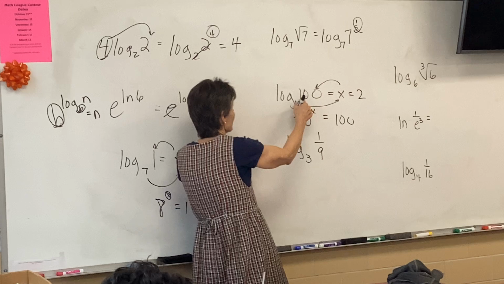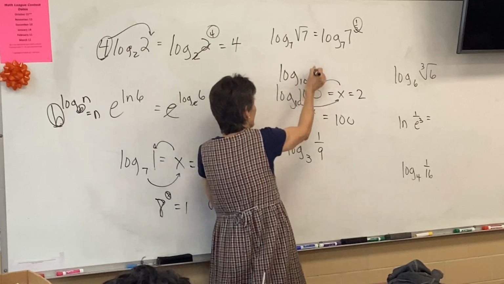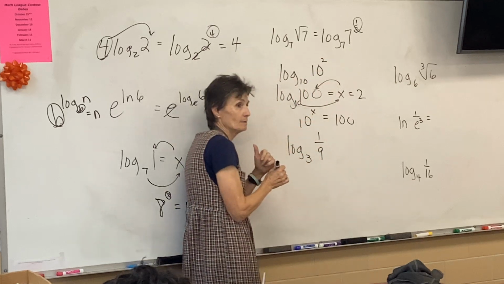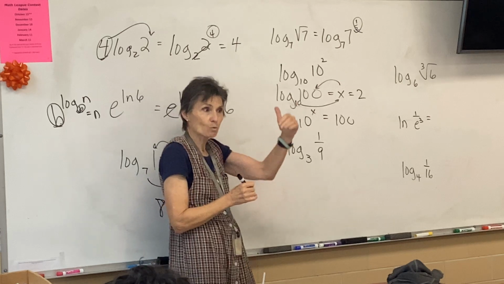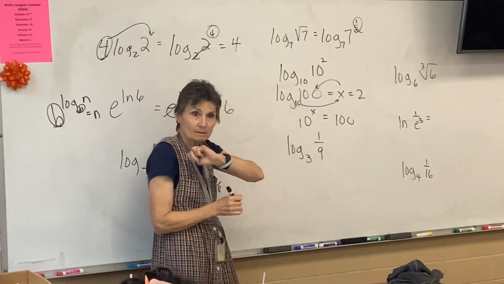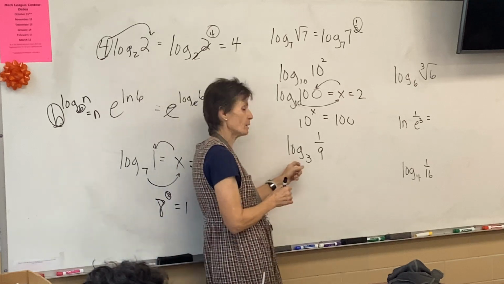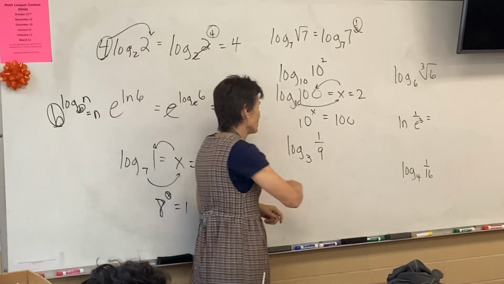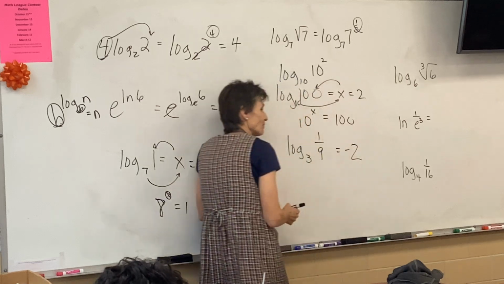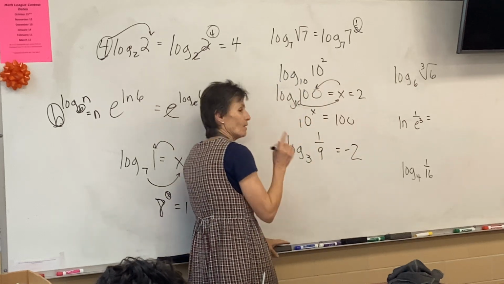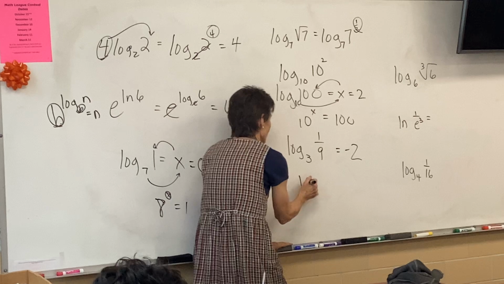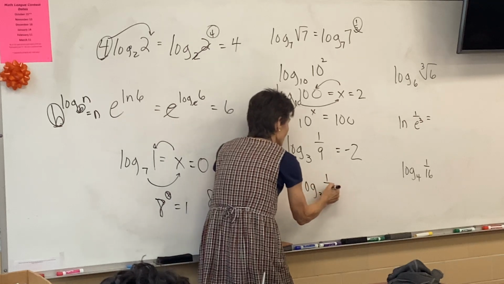Or you can think of 100 as 10 squared, and the log base 10 of 10 squared is going to be 2. Either way, doesn't matter. How about this one? Any thoughts on that one? -2. Very, very good. For those of you that are like, what? Okay, 2 ways to do it. We can loop-de-loo it.